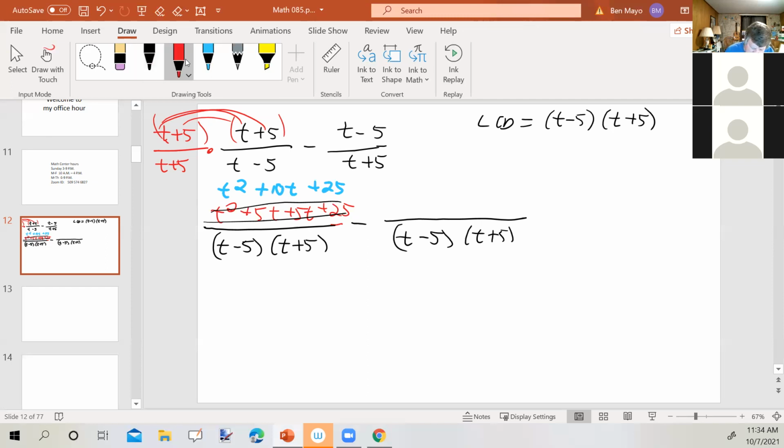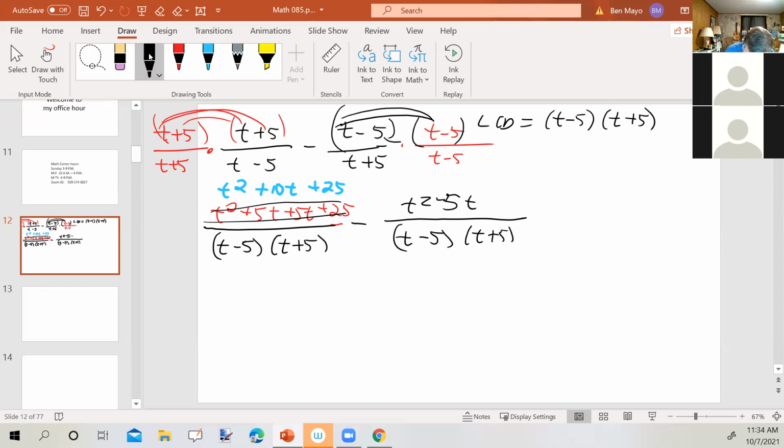Okay, so the next step, over here, we're going to multiply by t minus 5 over t minus 5. So then we're going to get t squared minus 5t minus 5t plus 25, which is t squared minus 10t plus 25.